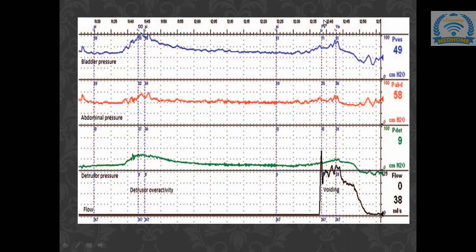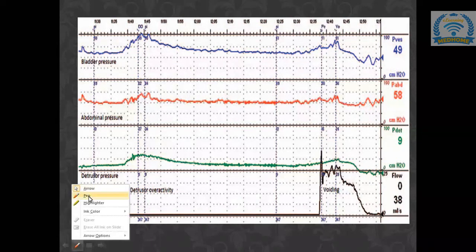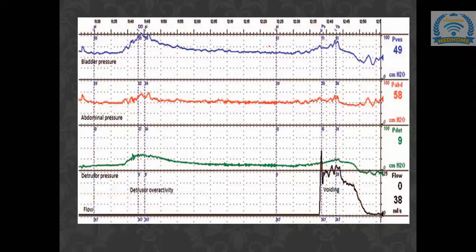Now this part of the graph till this line, till here, where you can see voiding, shows that this is the voiding phase, and before this is all the filling phase of the micturition cycle. This side is the filling phase and this side is the voiding phase.